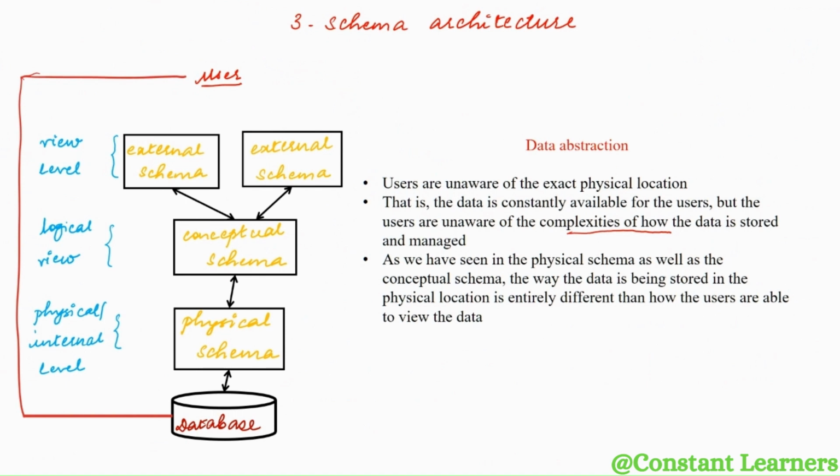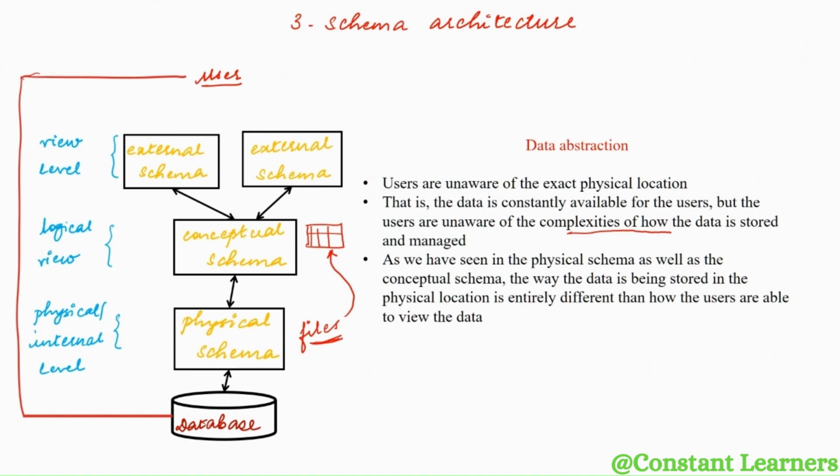As we have seen in the physical schema as well as in the conceptual schema. In conceptual schema, we believe the data is being stored in the form of tables, right? But in physical schema, we say that the data is being stored in the form of files. So the way the data is being stored and the way it is being made available to us, these are two entirely different concepts, right?